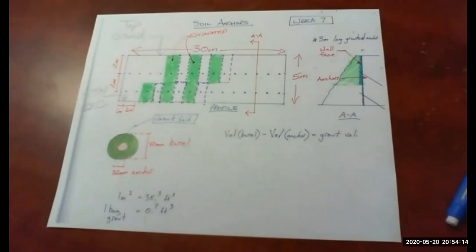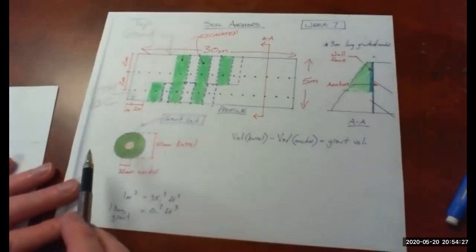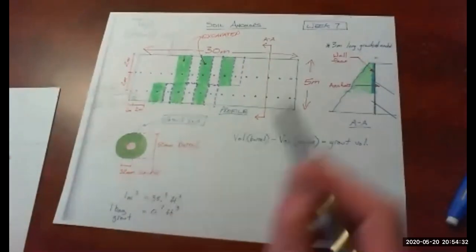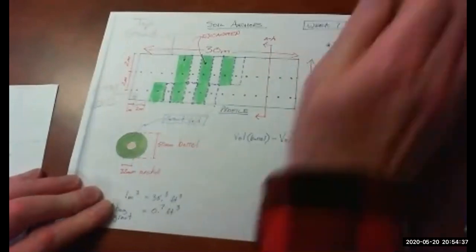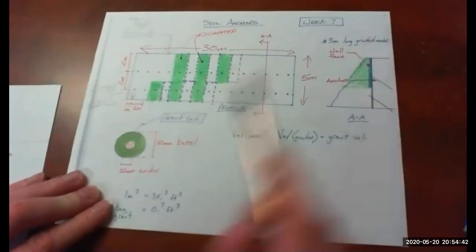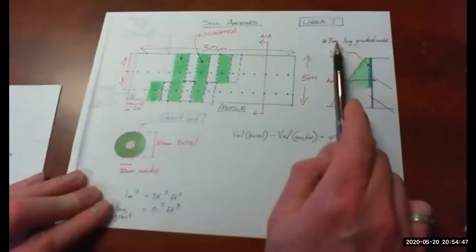What else could I say? So why don't I do a calculation for the amount of grout in one anchor. We're told in the question that we have a 3 meter long grouted anchor. So whatever areas we calculate here, we'll be multiplying by 3 meters long to get a volume.